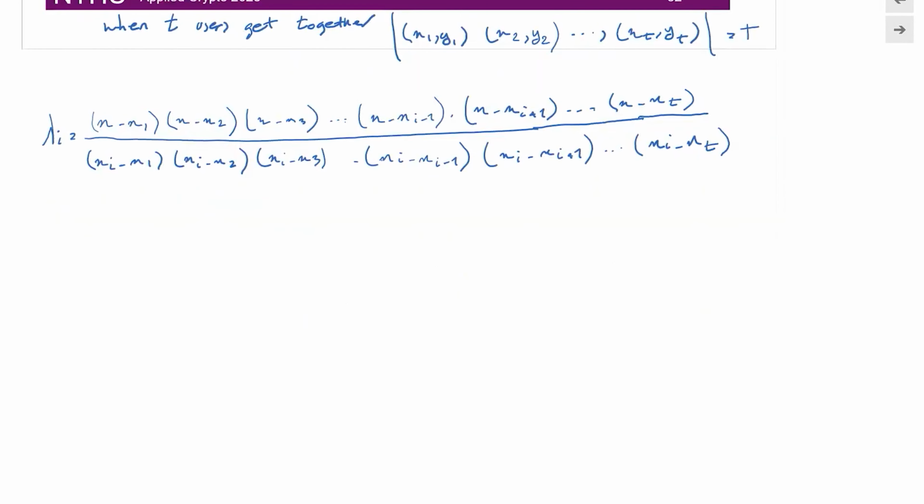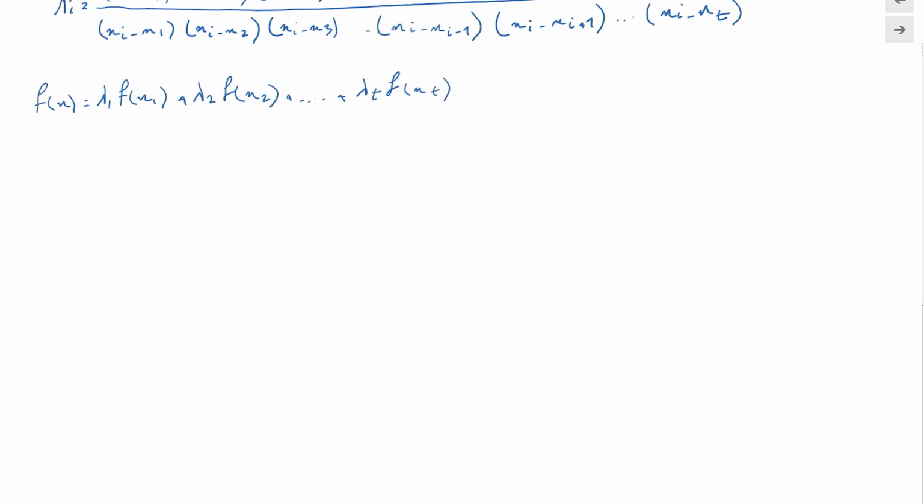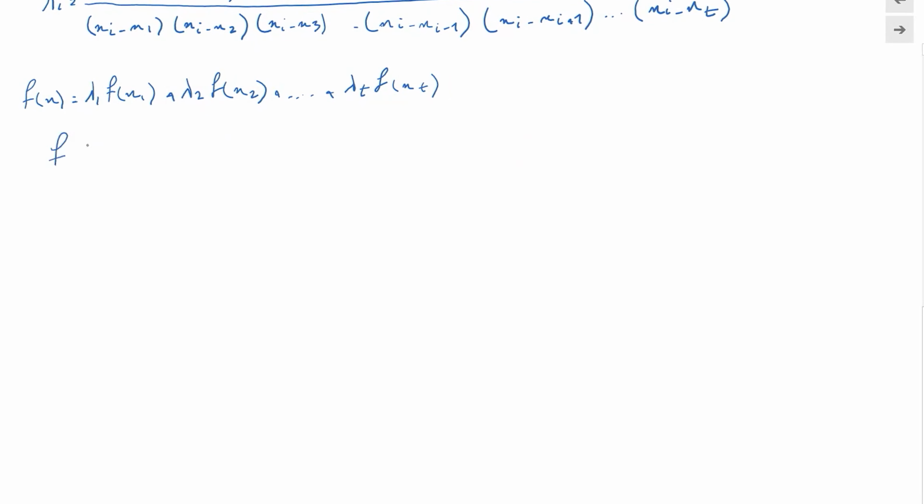The idea is that we can recover the function f of x by computing lambda 1 of f of x1 plus lambda 2 of f of x2 plus all the way to lambda t of f of xt. And then once we recover this f, we compute f of 0, which would output s for us.